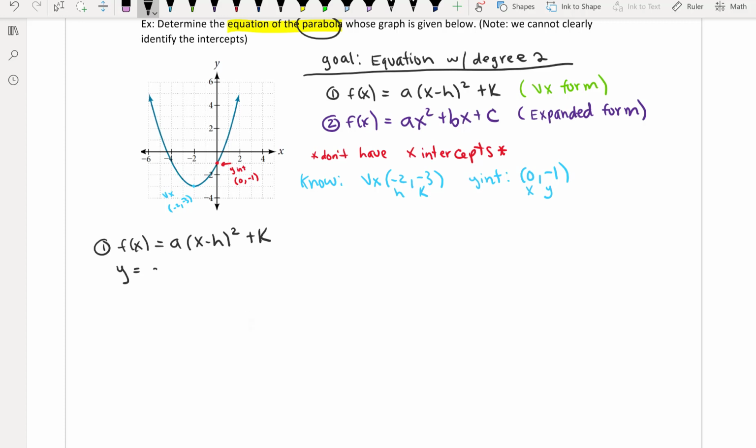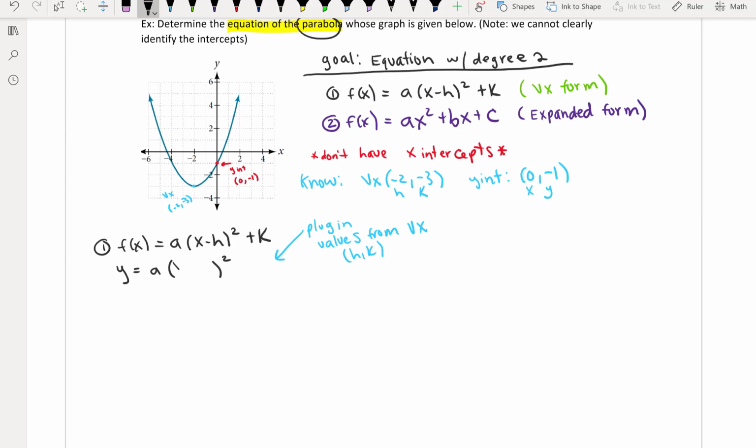Now I'm going to have my a. What I'm going to do here is plug in values from the vertex. So that's my h and my k.